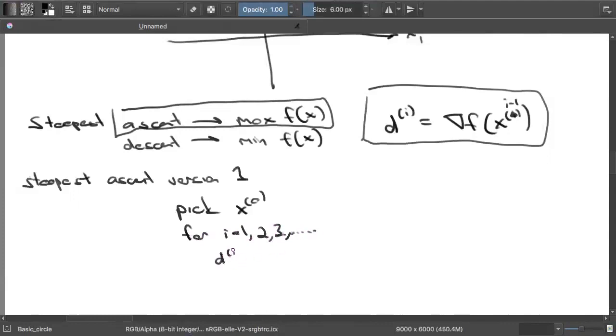I let d sub i equal grad f of x sub i minus 1. And then it's usually good to normalize it, to divide it by its length, because that way the direction is of length 1. Dividing by the norm just makes d sub i of length 1. Step size. What should I do for the step size? Any suggestions? What's the simplest thing I can do?